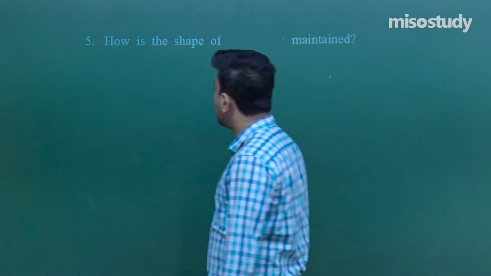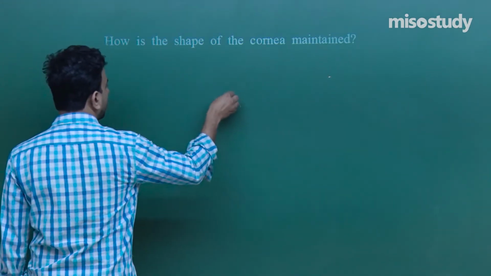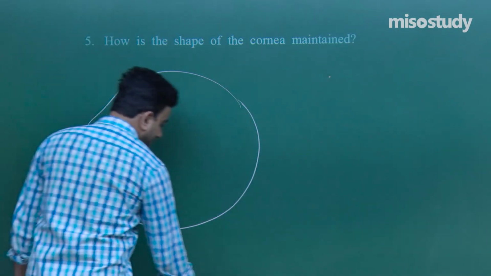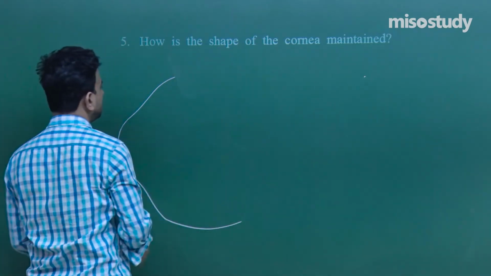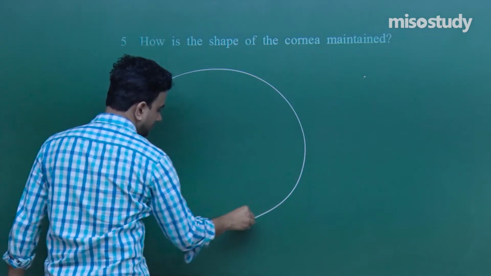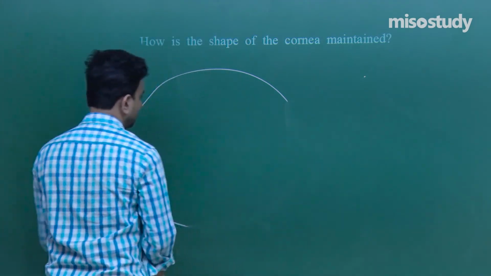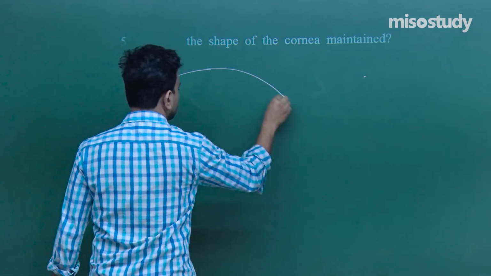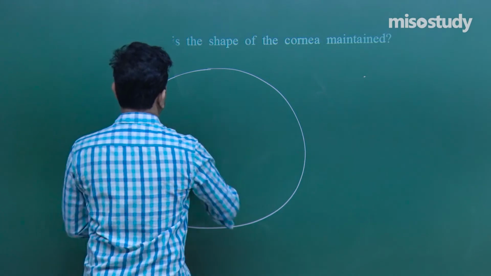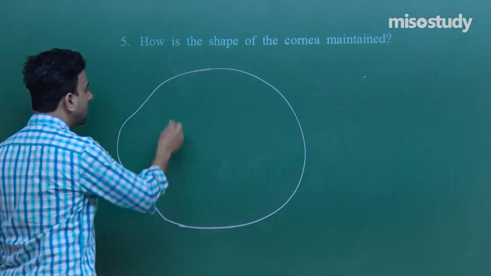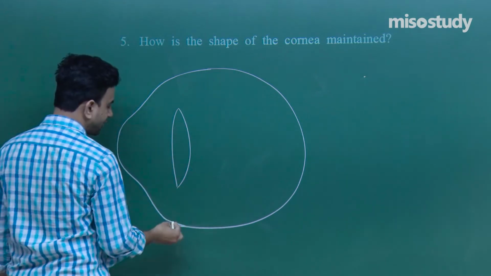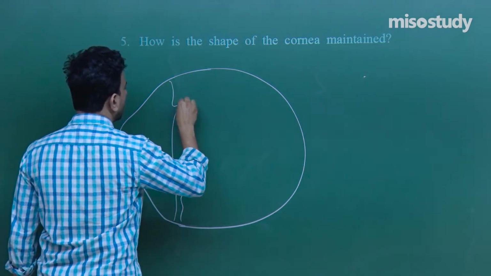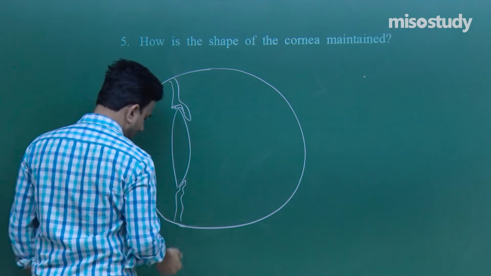So, what we see when we try to draw the eye, somewhat like this, right. And then over here will be the lens which is suspended by the various structures like the ciliary body, the suspensory ligaments and all that.